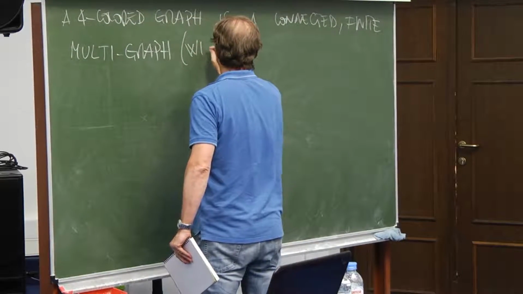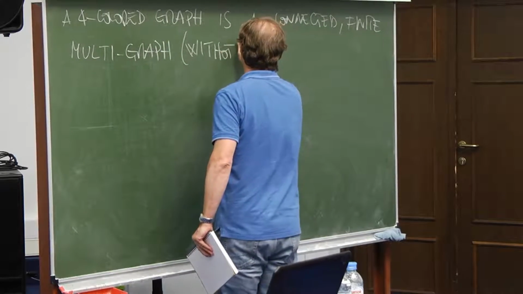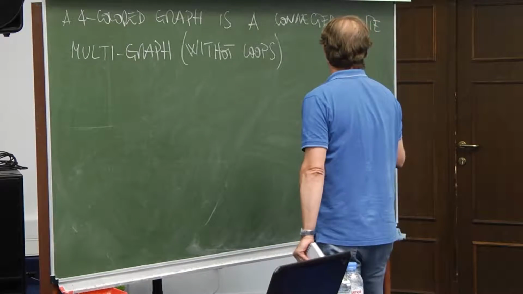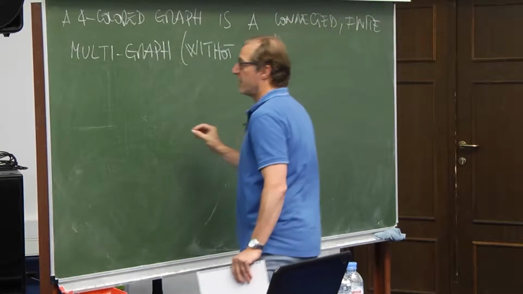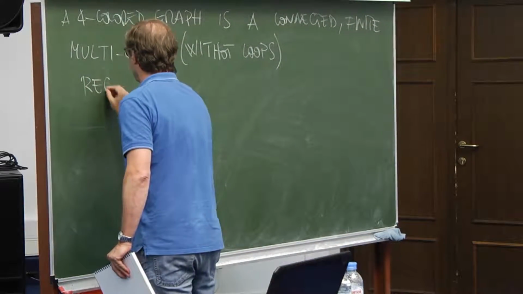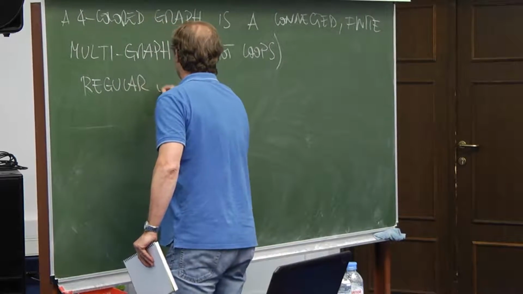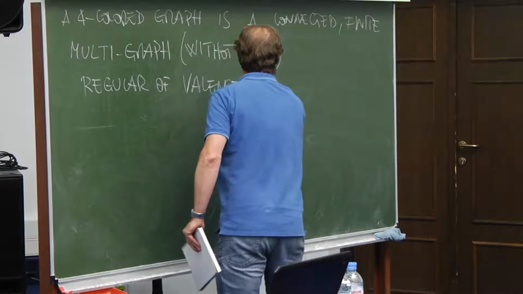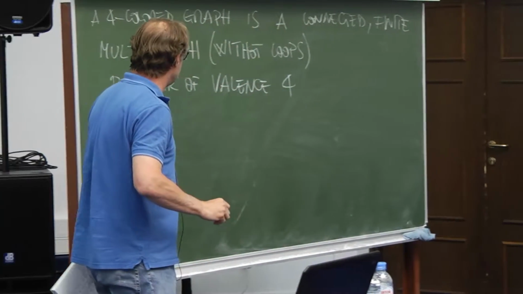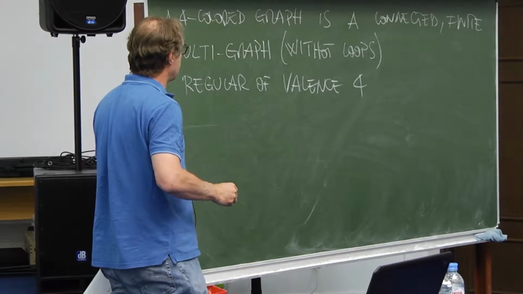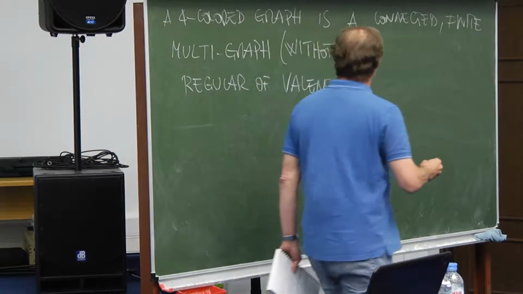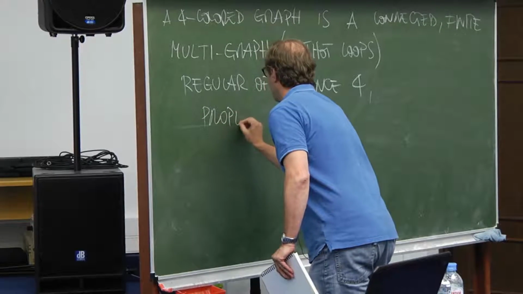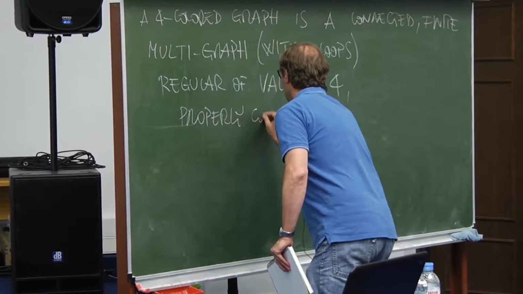without loops, because of coloration, regular of valence 4. So each vertex of the graph has exactly valence 4. Colored, properly colored.